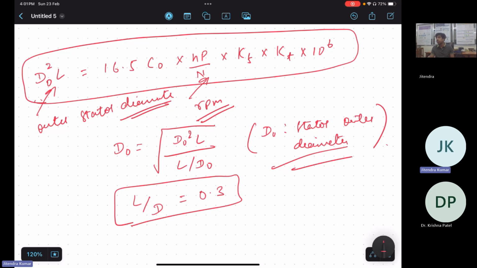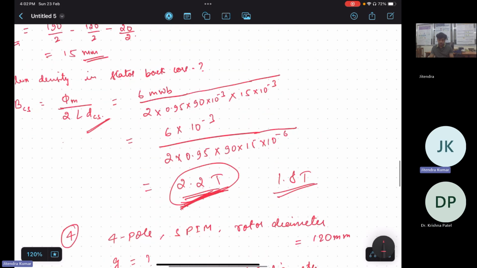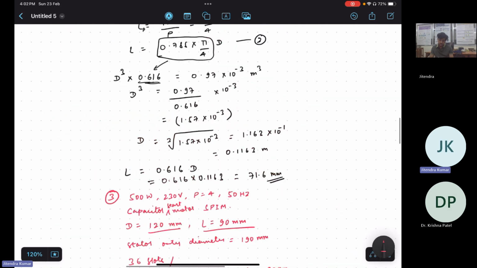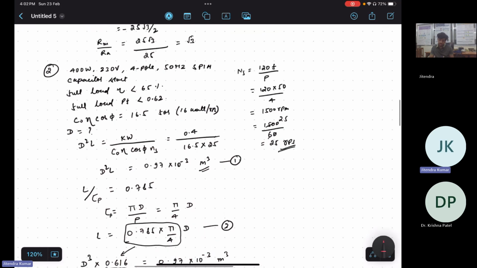The values are also the same, isn't it? So in the same way we can solve. Just like today we solved the question number, this one. See, the values are also the same.